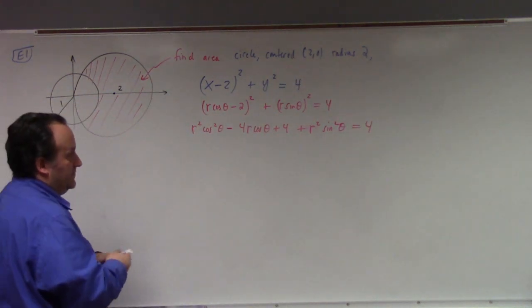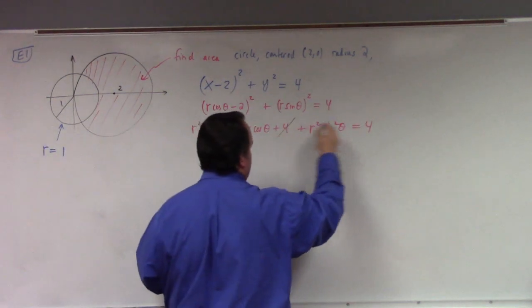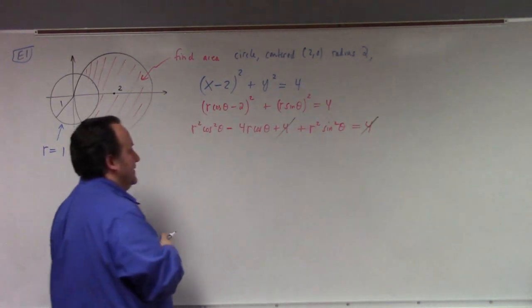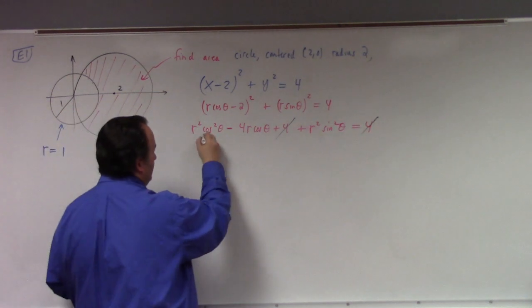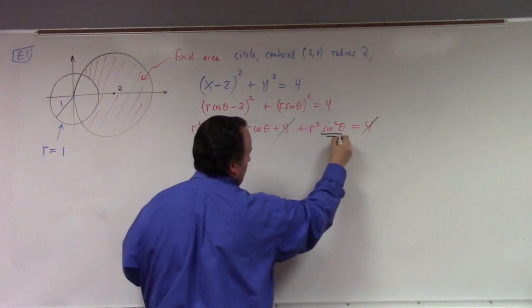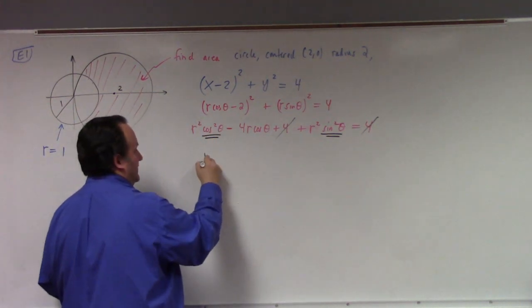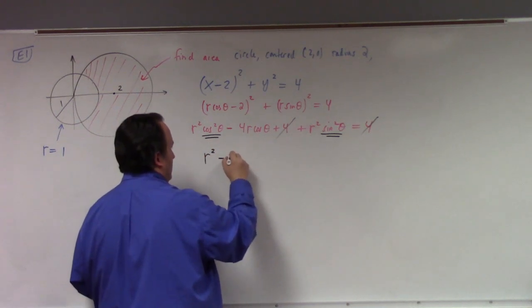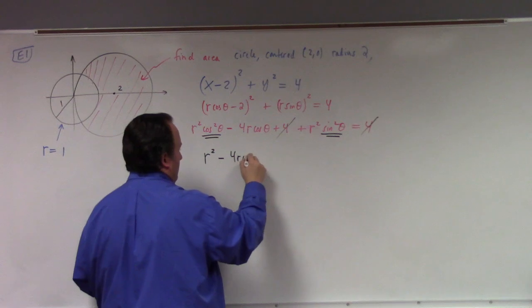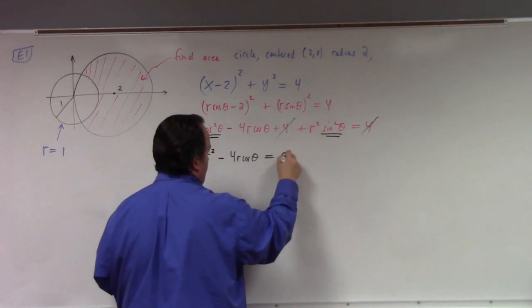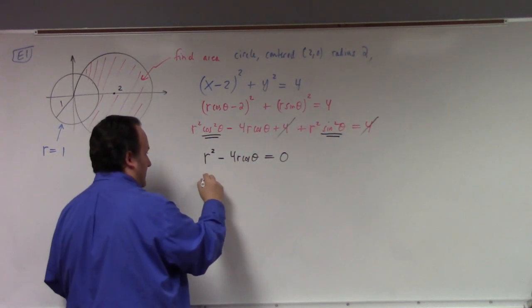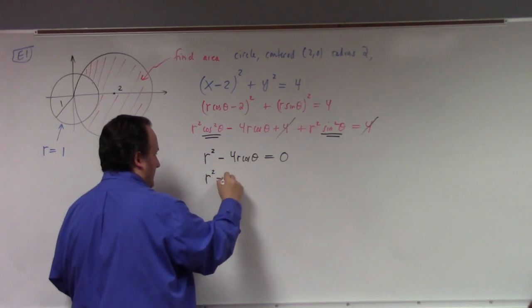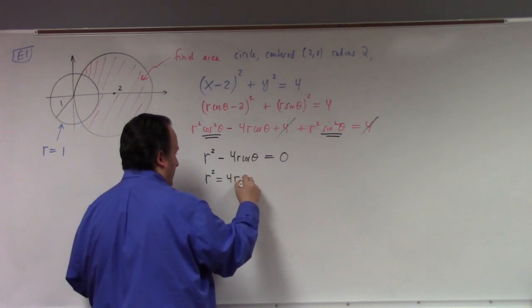The 4's cancel. And, oh, look at that. It's a package deal. So that's r squared minus 4r cosine theta equals 0, which we could rewrite as r squared is equal to 4r cosine theta.